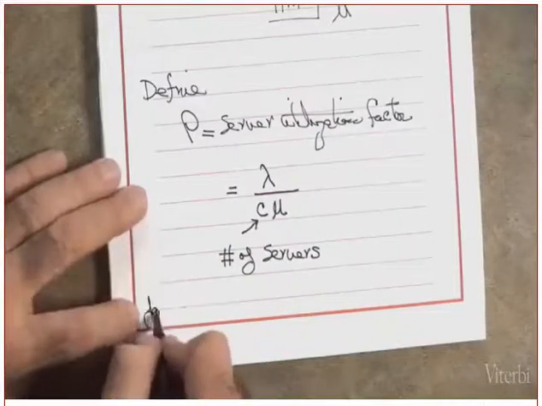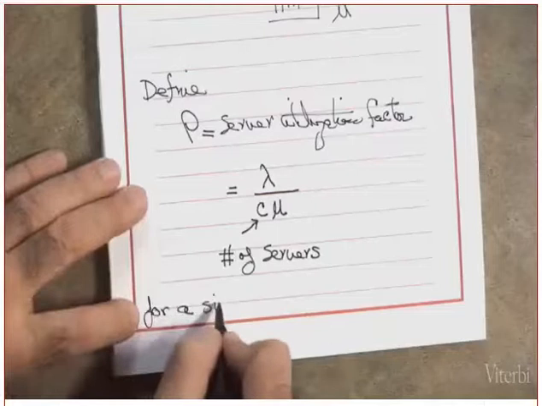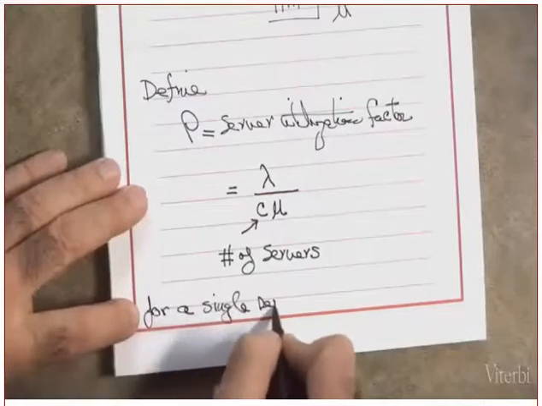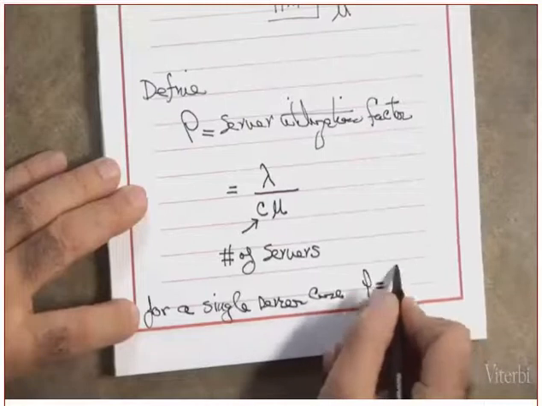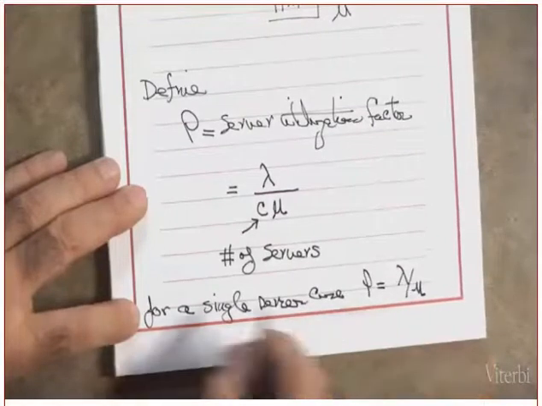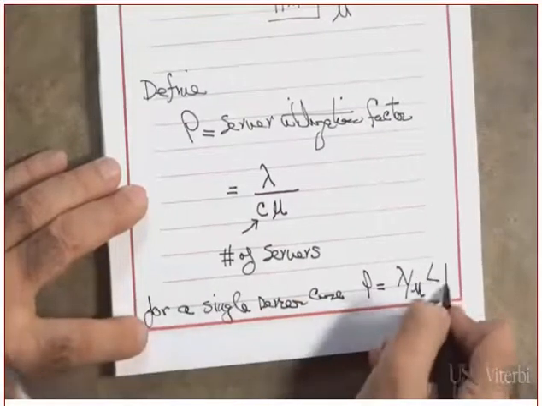For a single server case, rho is equal to lambda over mu, and it has to be less than 1.